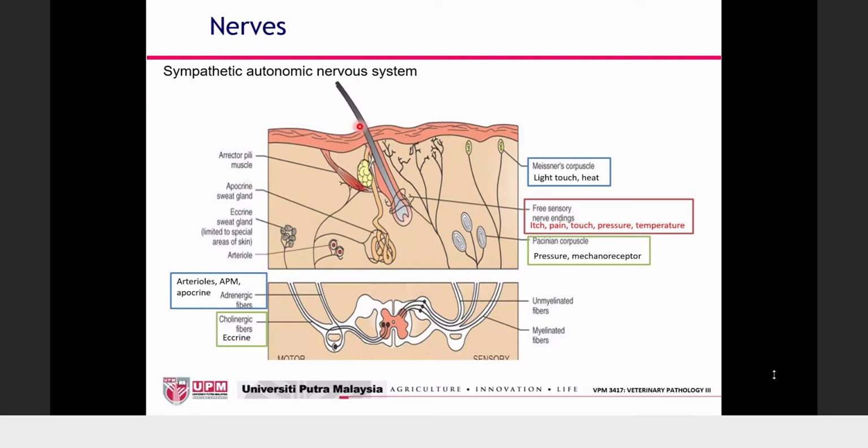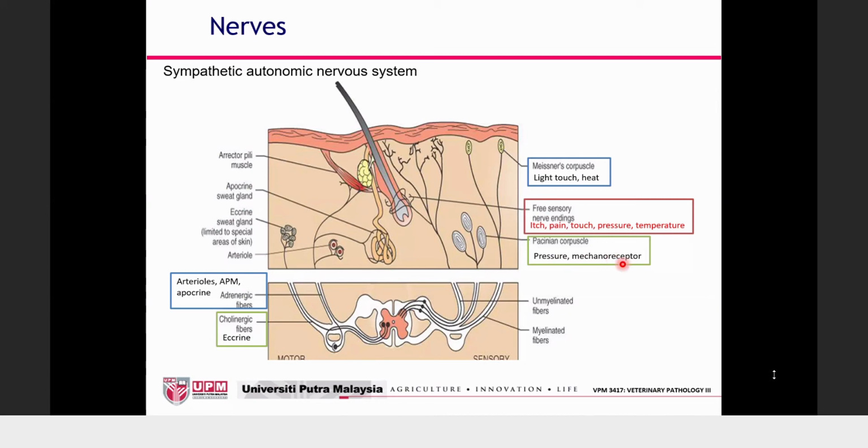There are many types of nerve in the skin. You have the Meissner's corpuscle, which is responsible for very light touch and heat. And then you have the free sensory nerve ending, which is responsible for the sensation of itch, pain, touch, pressure, temperature. You have the Pacinian corpuscle, responsible for pressure mechanoreceptor.